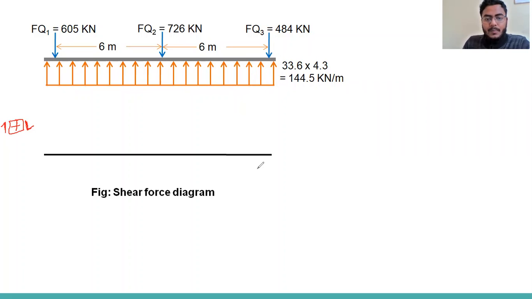So at this point here, this will be 0. This is the UDL, in the upward direction, so this will be negative.